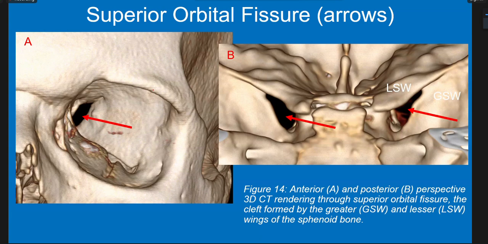So this is the frontal perspective. You can see here the orbit. From the posterior perspective, you can see the lesser and the greater wing of the sphenoid. There's a cleft between them, and that is the superior orbital fissure, nicely rendered on this 3D surface shaded display on CT.